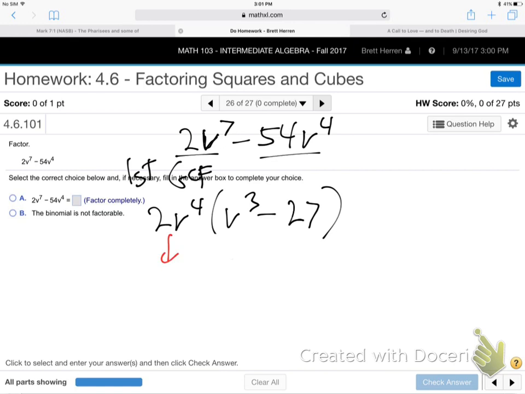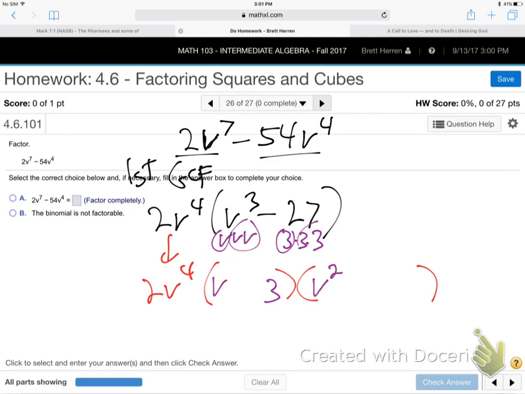Okay, so the 2v to the 4th stays in the front. Little parenthesis and a big. It's v, v, v, 3, 3, 3, isn't it? Triple, triple. 1 left, 1 right, 2 left, 2 right, 3 times 3 is 9. 1 of each in the middle, 3v.